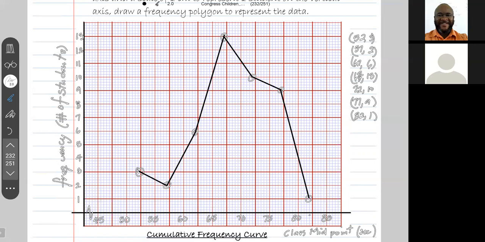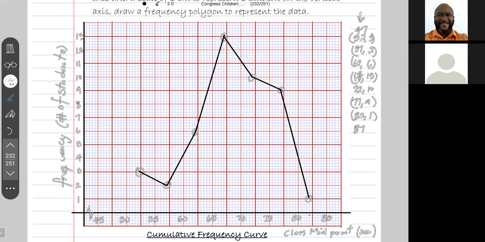Remember the class midpoint values were going up by 5. So the one that comes after 82 will be 87, and the one that comes before 52 would be 47.